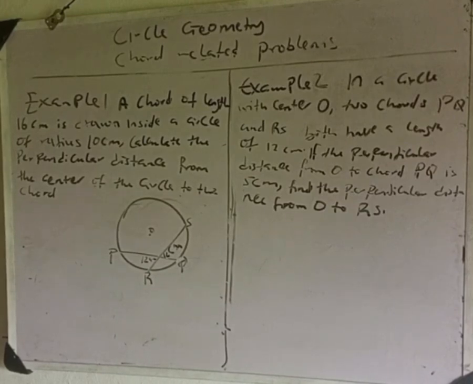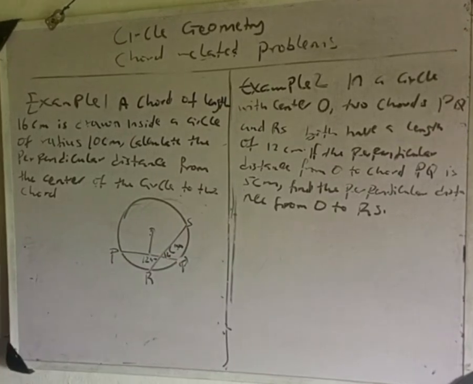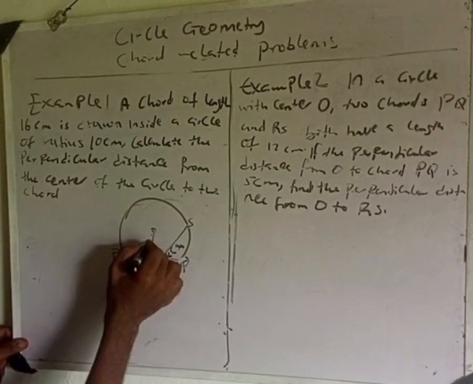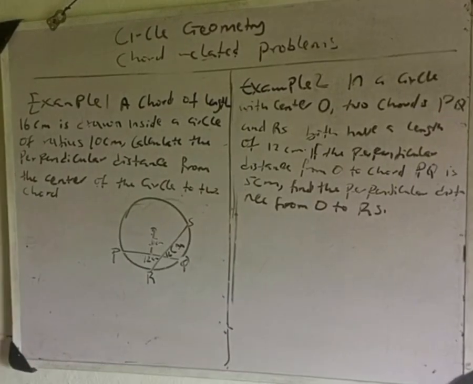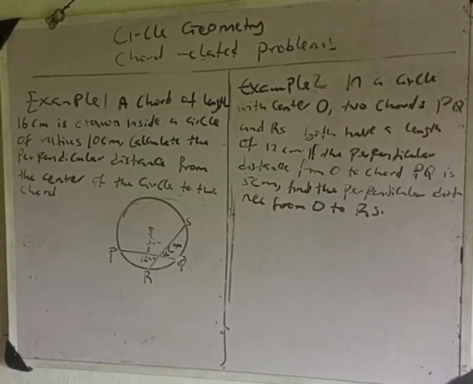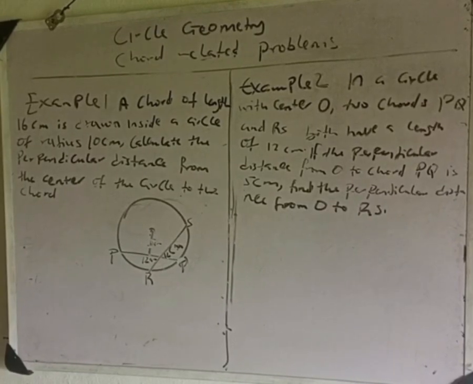Both of them are 12 cm, definitely. If the perpendicular distance from O to chord PQ is 5 cm, that means from here to here is 5 cm. Find the perpendicular distance of O to RS.